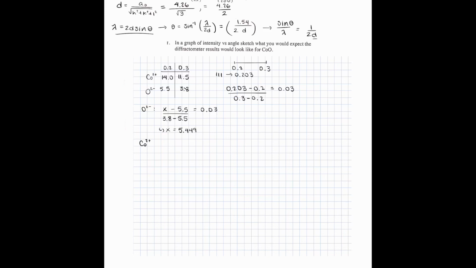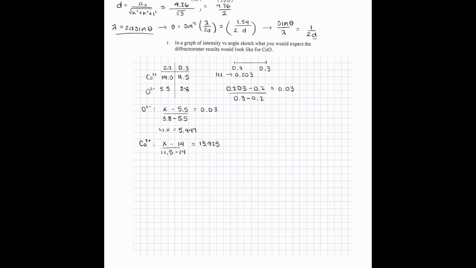For cobalt, we get x minus 14 over 11.5 minus 14, and that's going to be 13.925. All right, so we have our values for 111.